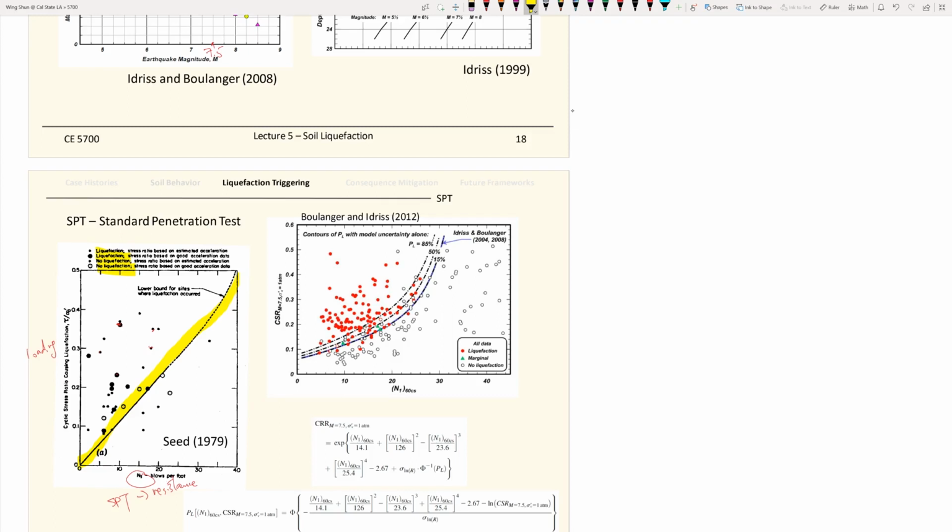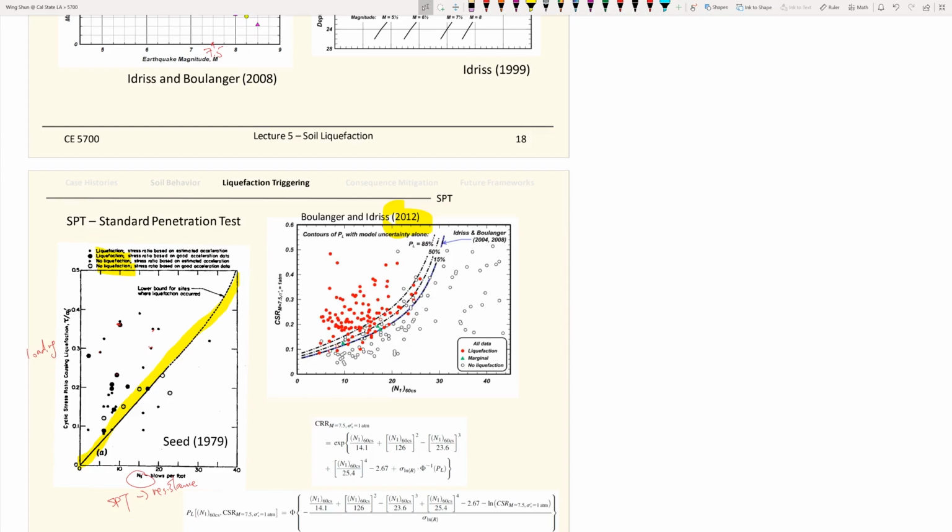So that's the SPT in the old days, and I have one that is quite often used. This is not the most updated version, but this is a very recent work that is well recognized, and I uploaded 2 papers on Canvas.